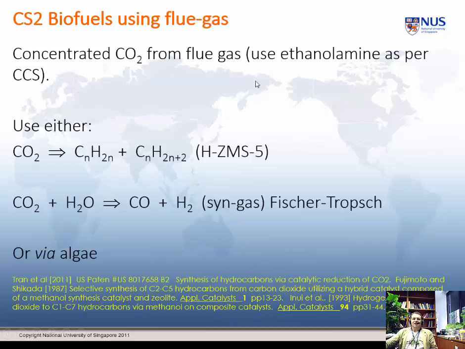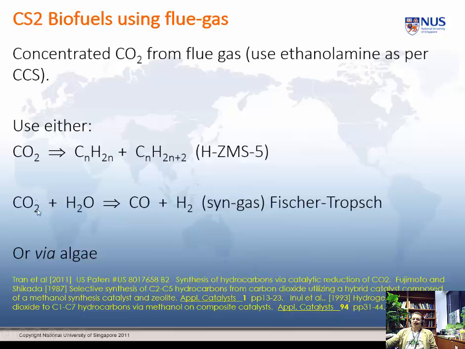Okay, last slide, I think almost the last slide. The other way, of course, is to use ethanolamine in carbon capture and storage to then use that concentrated carbon dioxide using one of our old friends, a zeolite, and a hydrogen zeolite, so you've got H+ in there, to produce your organic compounds.